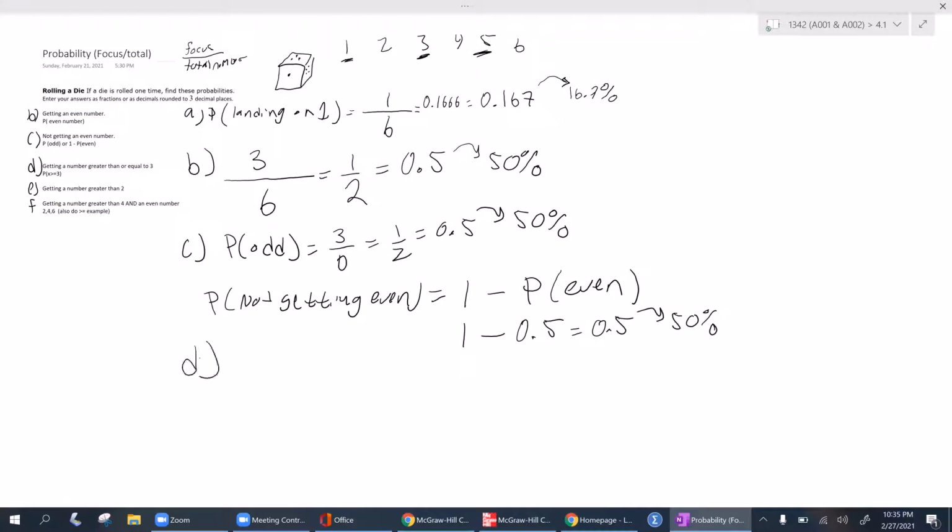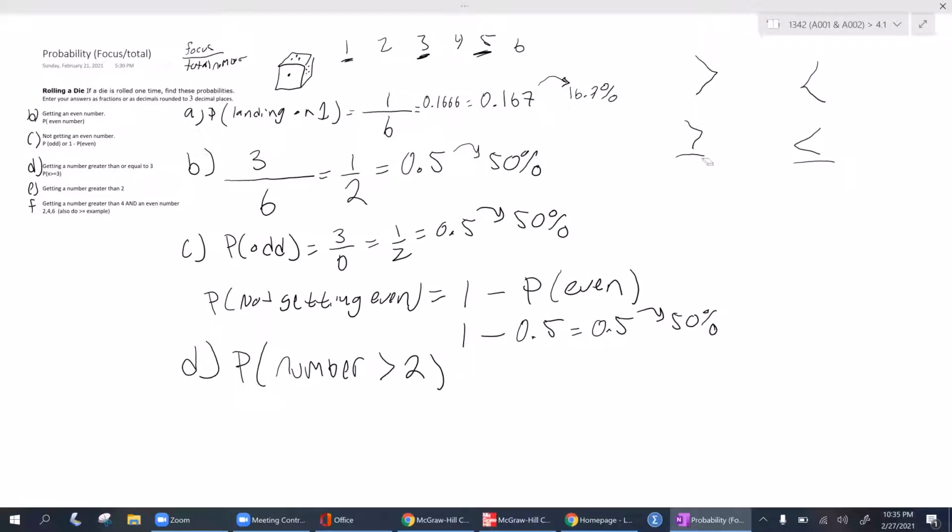Go ahead and go to part D. The probability of getting a number greater than 2. As a refresher, this is greater than, this is less than, this here is greater than or equal to, and less than or equal to.